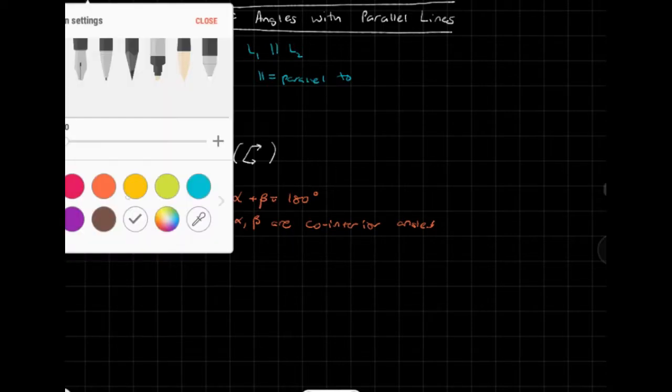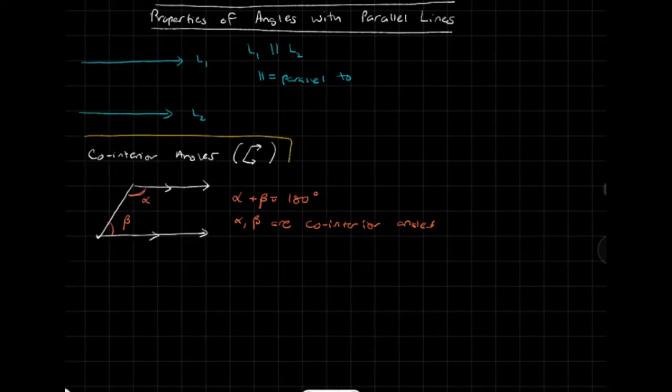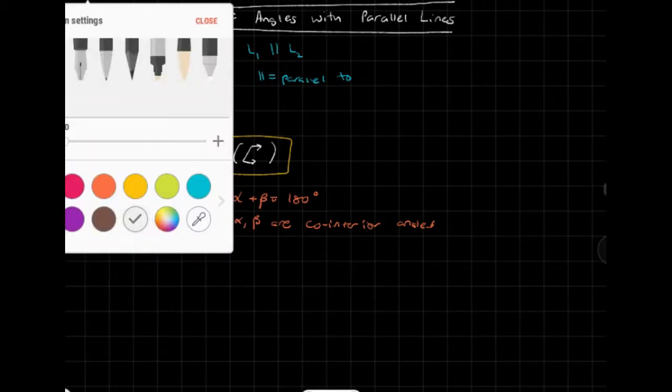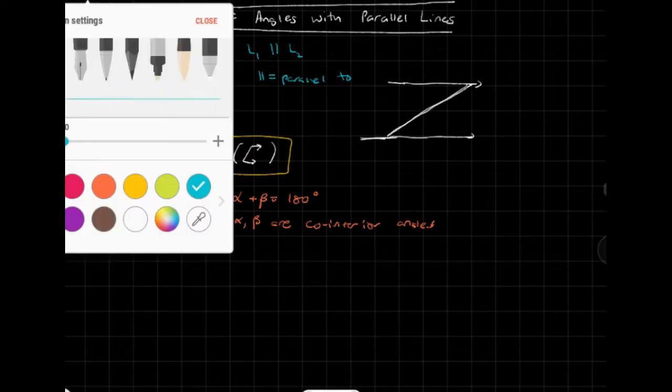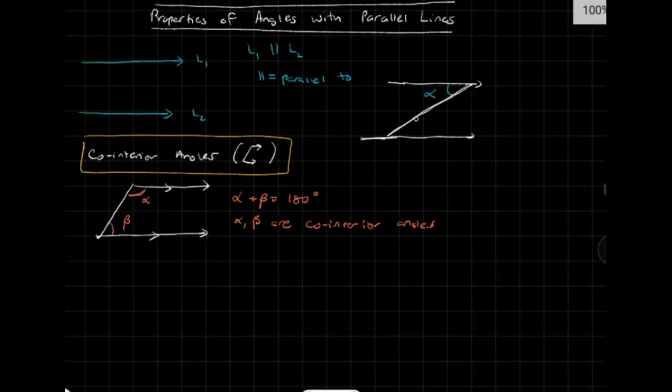So the next example that we're going to be looking at, let's say we had two sets of parallel lines like that. And we had a line that basically went across this. Let me just fix this a little bit, right? And you had two angles, alpha and beta here.